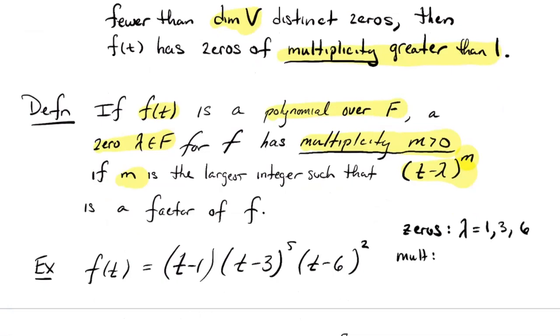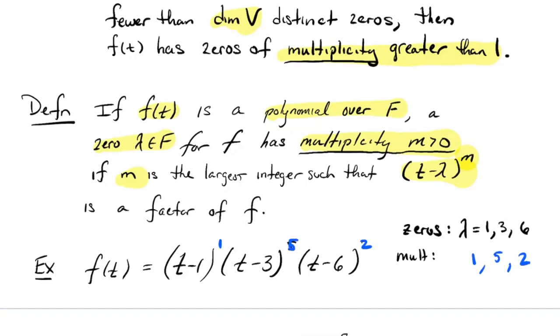The multiplicity of the zero lambda equal 1 is 1 because of that exponent. The multiplicity of the zero 3 is 5. It occurs to the 5th power. The multiplicity of the zero 6 is 2. So it's just the exponents. The multiplicity of the zero is how many times that factor shows up.